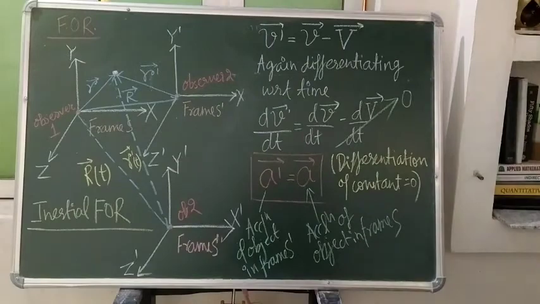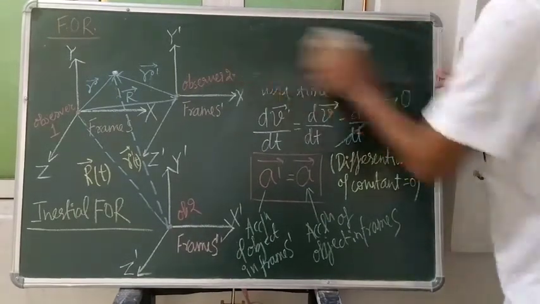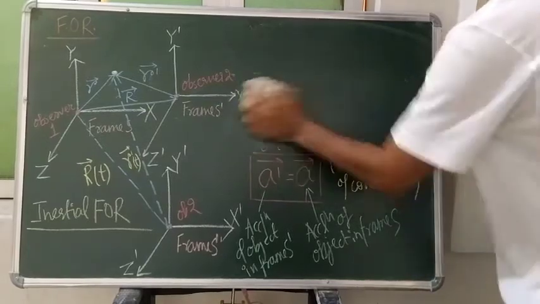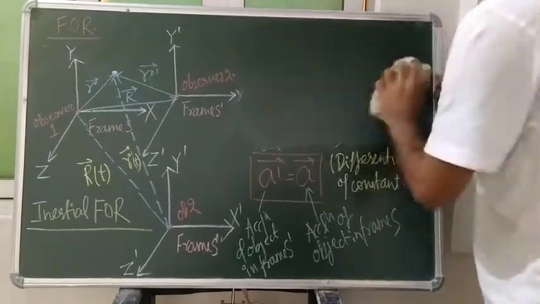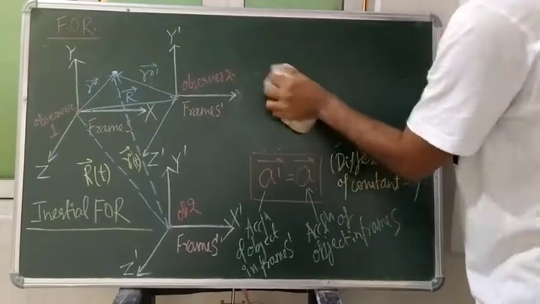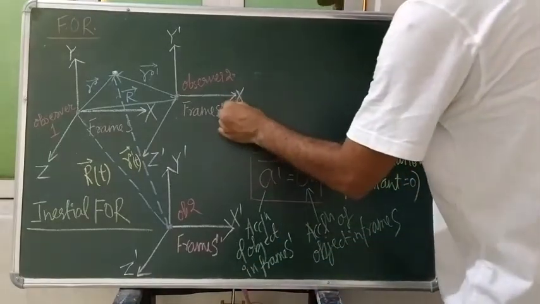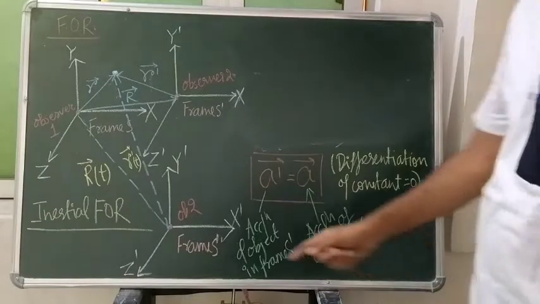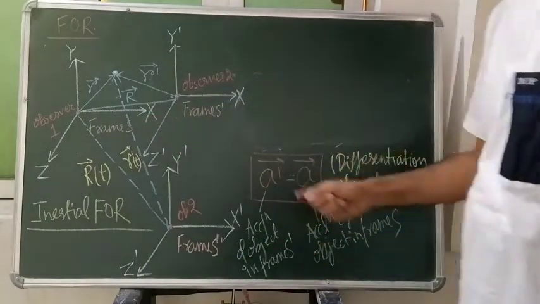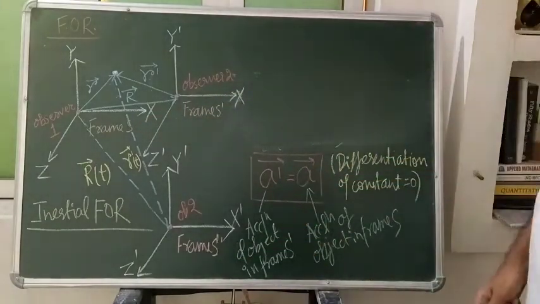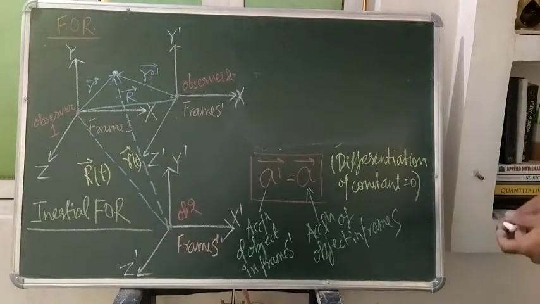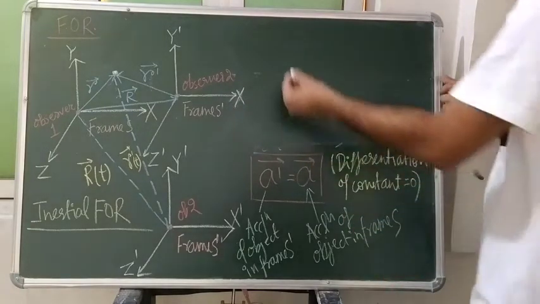You can have this screenshot. I am rubbing upside. So we are getting the identical acceleration, same acceleration of that object, whether we are considering the frame S prime or S. The accelerations are coming same. Next thing, what will we do?